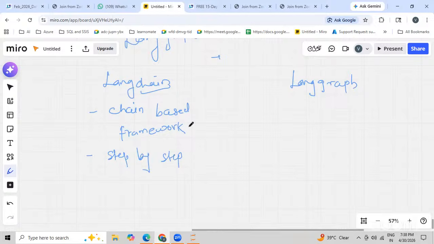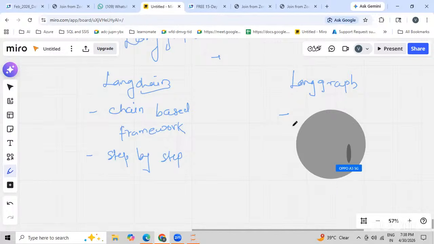This is the framework for LangChain. But if you see LangGraph, it is based on workflows.